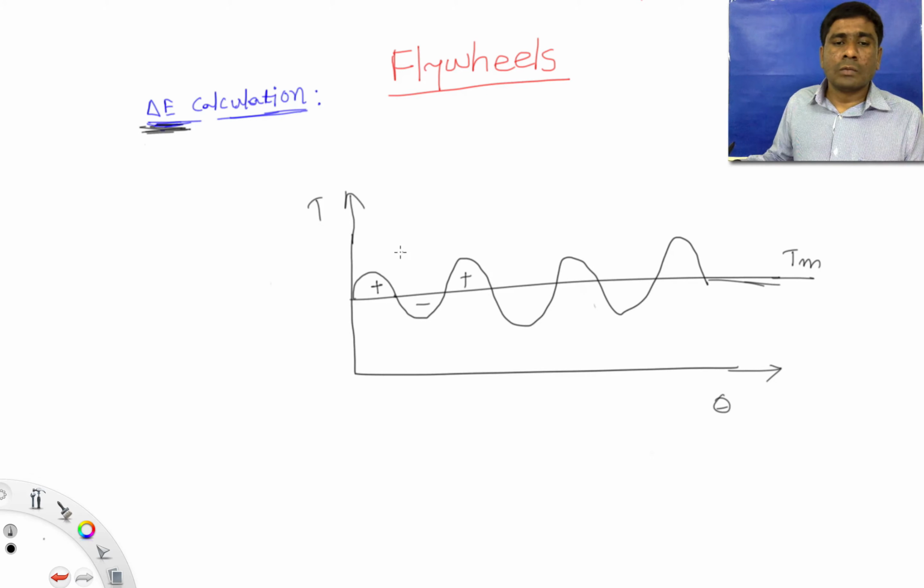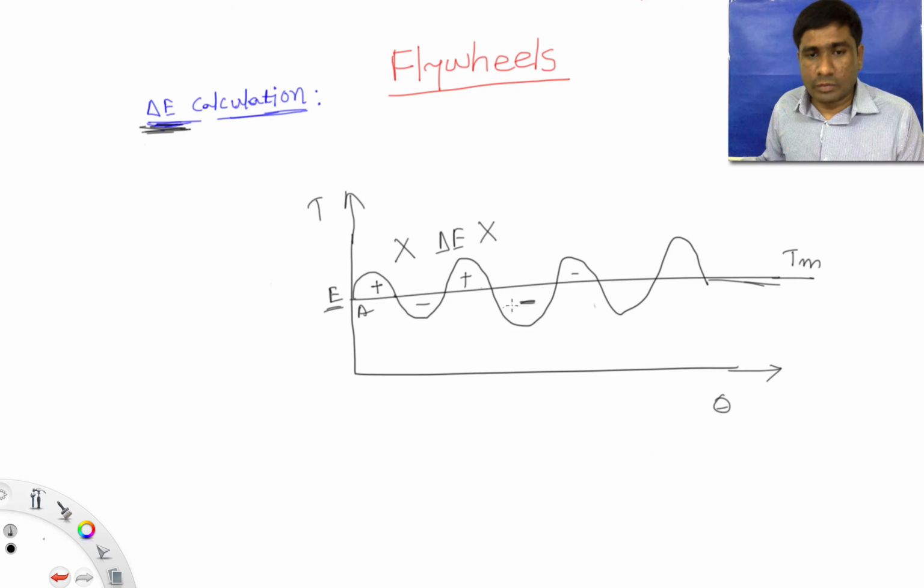So here we should not go for delta E based on the maximum value of this area. That is wrong. Instead we consider E here and the energy at point A, and we add everything and subtract, as I have just explained.